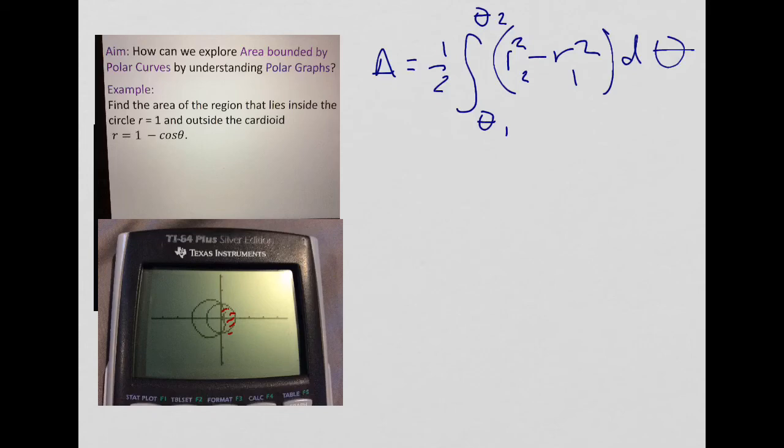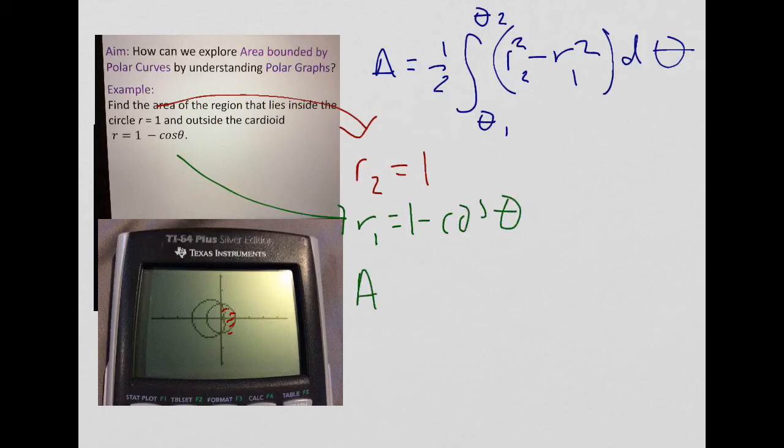So in order to do this problem, we have to identify that the outer curve is the circle, and the inner curve is our cardioid. So r sub 2 is going to be the first equation that's listed here, r equals 1, and r sub 1 is the second equation that they give us.